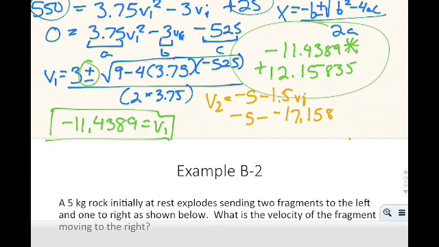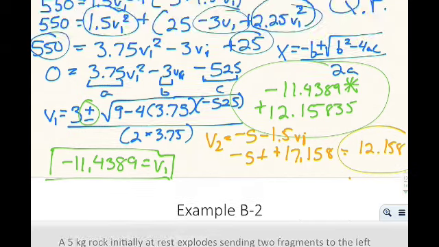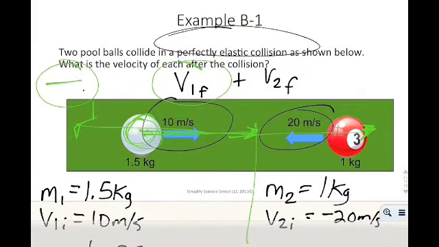Well, if you look, you have a minus, minus a negative, so this is going to be plus a positive, and you're going to end up with a value of about 12.158. And 12.158 represents the velocity of the 3 ball after the collision. If you think about it, when these things collide, this thing should hit and go backwards as well, so it should end with a positive velocity.